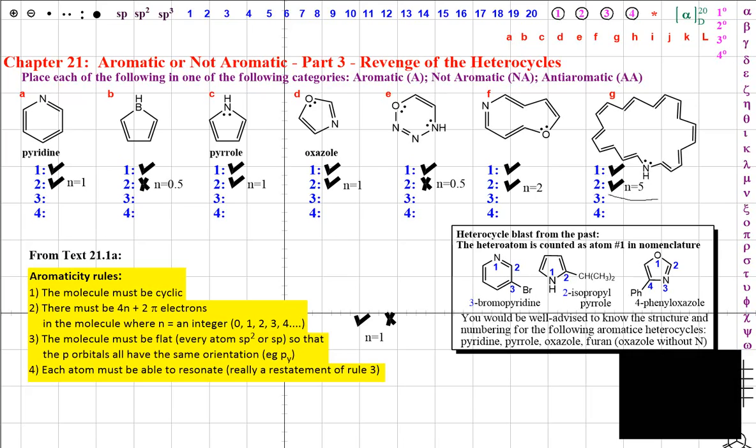I apologize, that does not create a problem. If n equals 5, 4 times 5 is 20, plus 2 is 22. This molecule, so far, is aromatic.